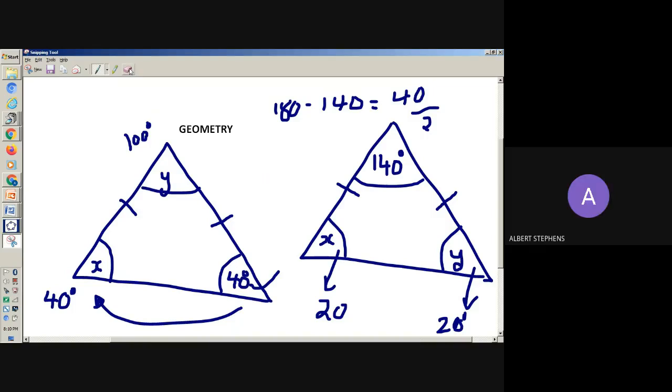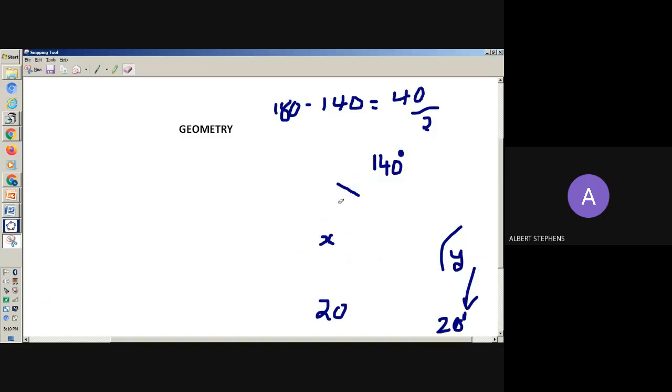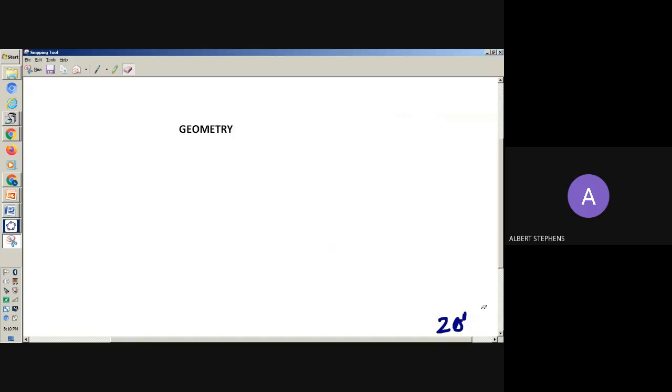All right. So this is the basic concept. But when you get an exam, it's something different. Let me show you the tricky part about this. Let's go back to the isosceles again.